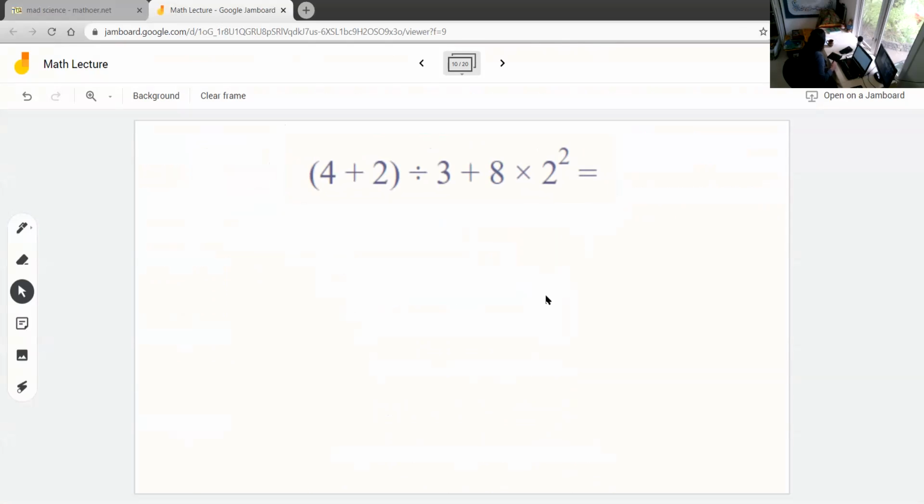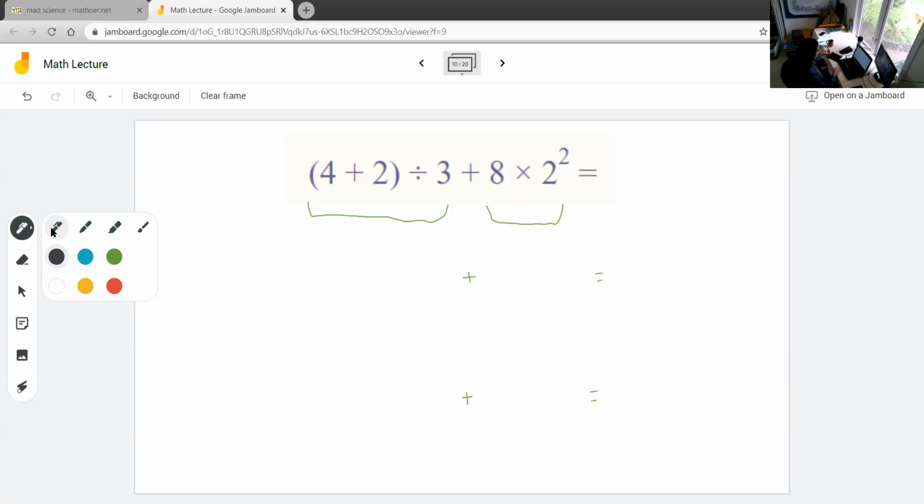And we're going to partly use what we talked about with PEMDAS, but we're also going to use this terms idea to make things easier. So this problem had two terms, and that plus is just going to kind of wait around. And these two terms are independent. It doesn't matter which one I work on first until we actually add them at the end. They don't care about each other.